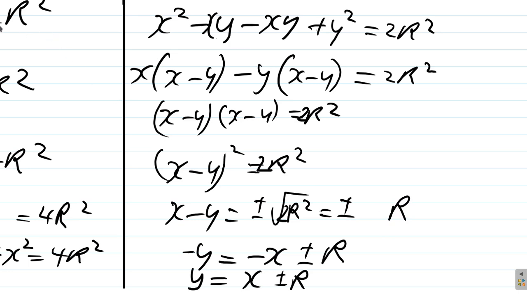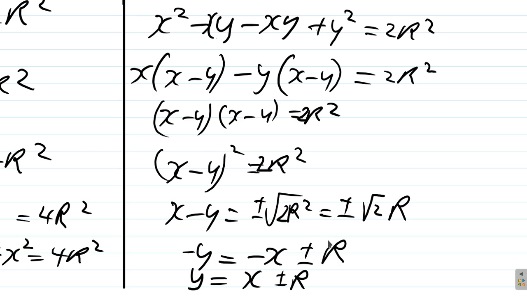You accidentally left out the 2 earlier. I didn't carry the 2 down. So, you see the square root of, let me write this clearer. This is square root of 2r squared. It's going to be square root of 2 times square root of r squared, which is r.